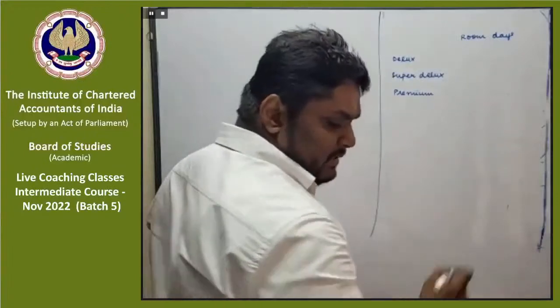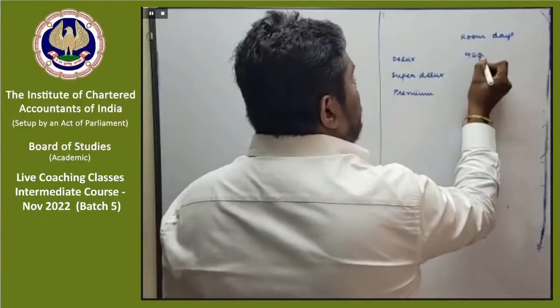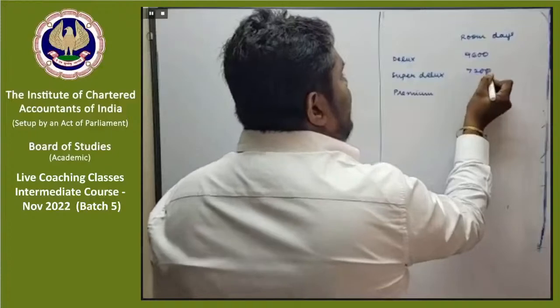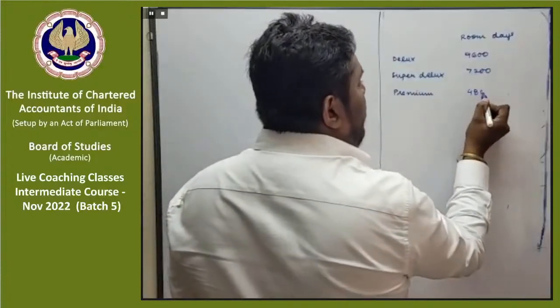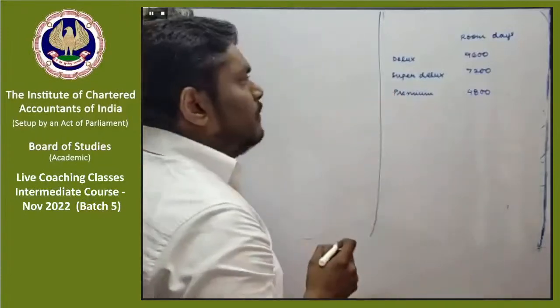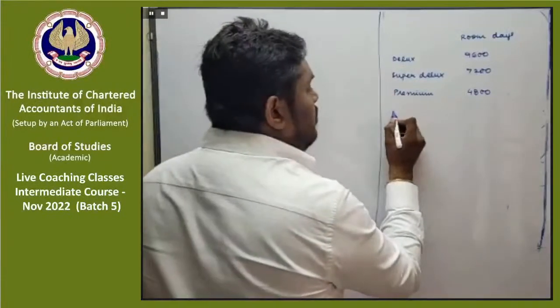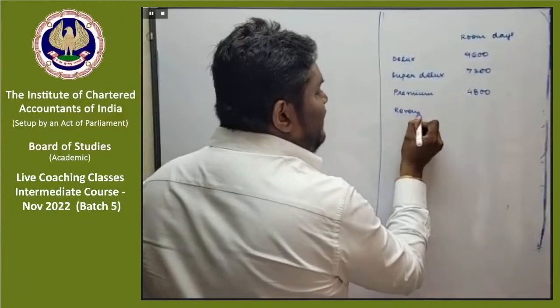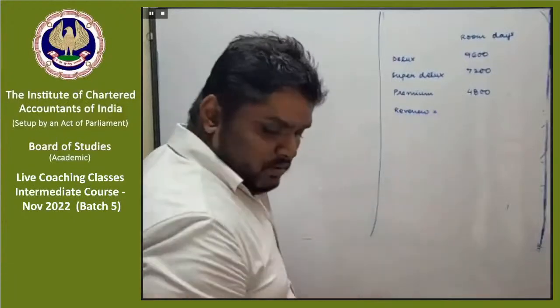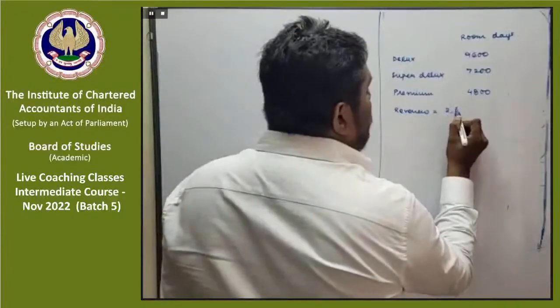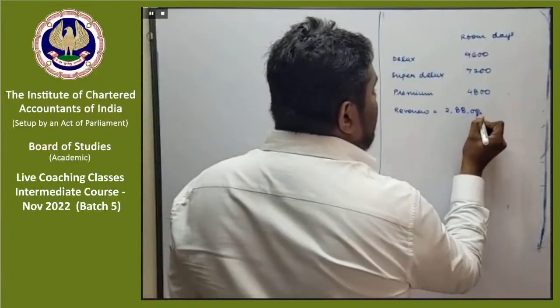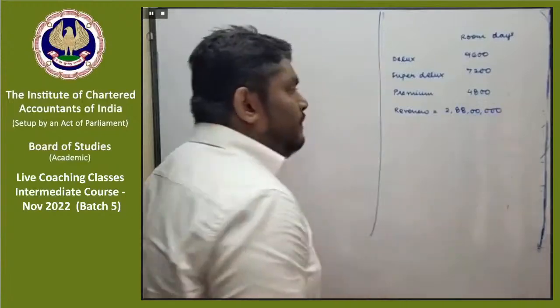Let's say it is 9,600, 7,200 and 4,800. Now, the total revenue as calculated is 2 crore 88 lakhs.